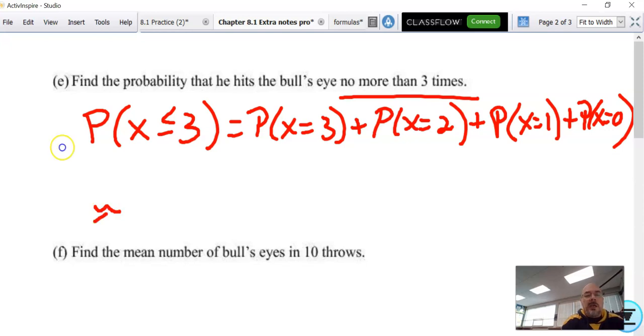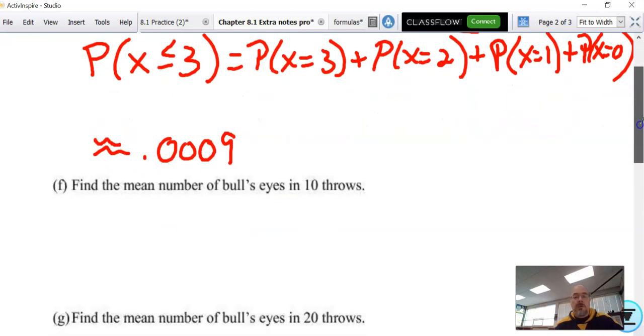And you would get approximately 0.0009. Okay, see if you can get that. Set it up and see if you can get that. Pause the video and do that.